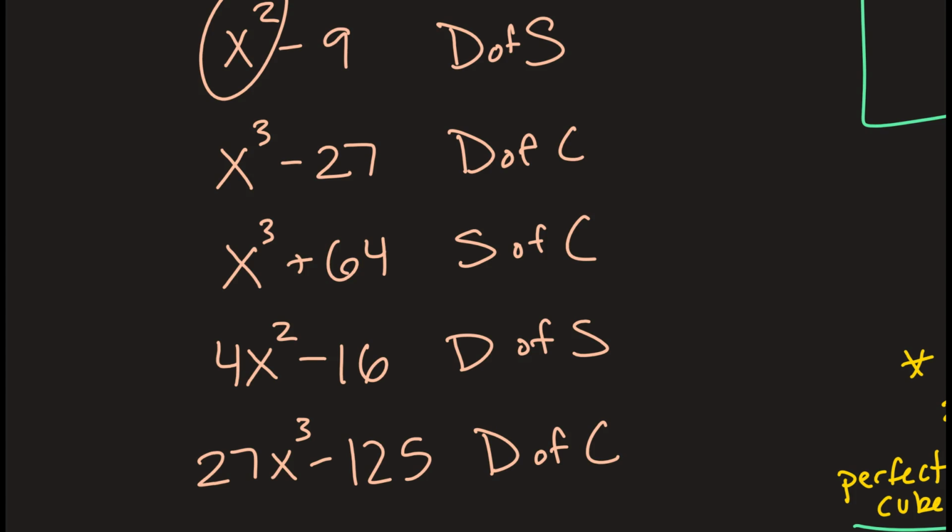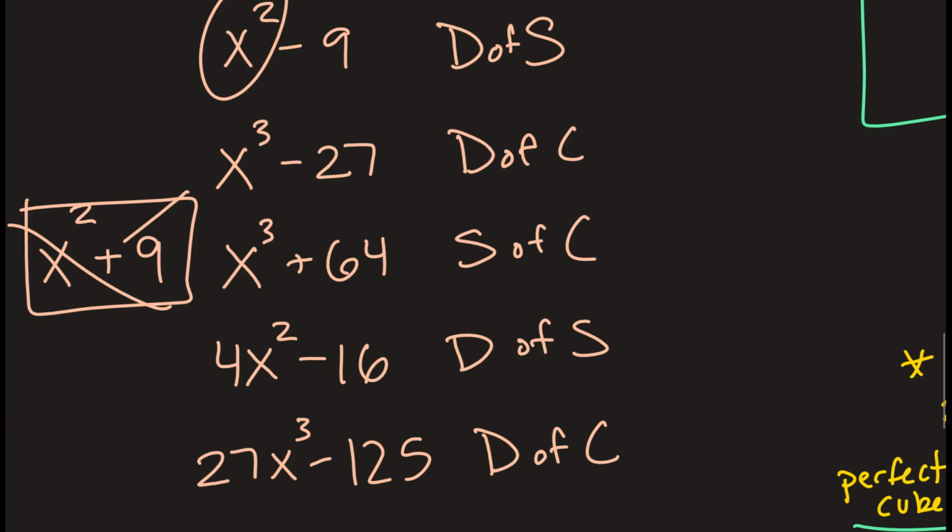So anytime there's a plus, it's going to be sum. Anytime there's a minus, it's a what? Difference. What about this? What would I use on that? Sum. Is sum of squares a thing? No. Can't factor that.